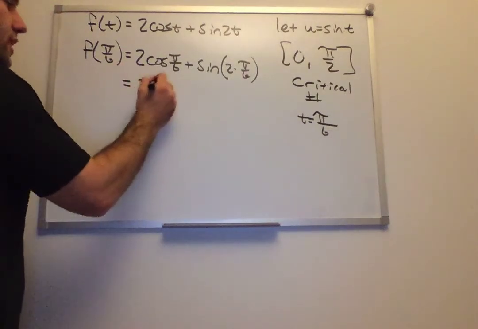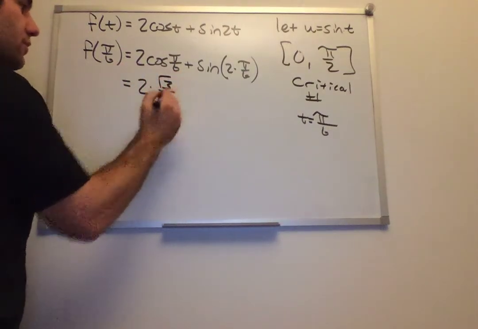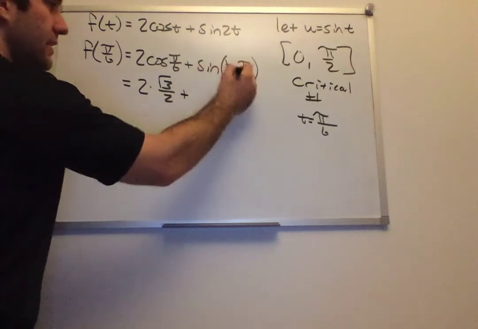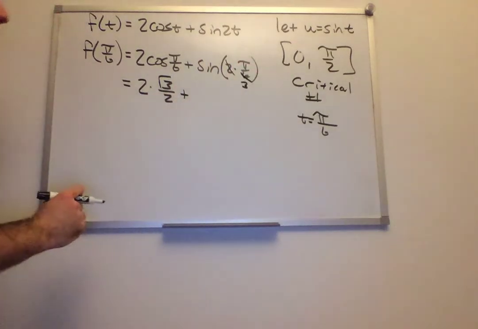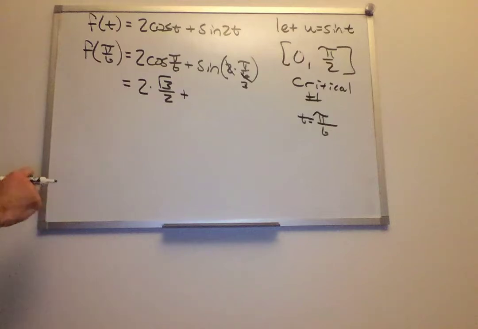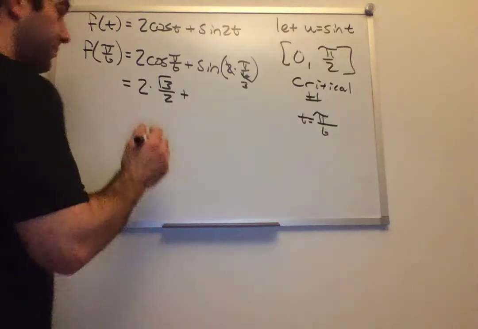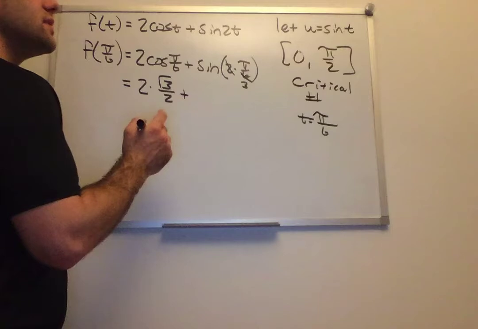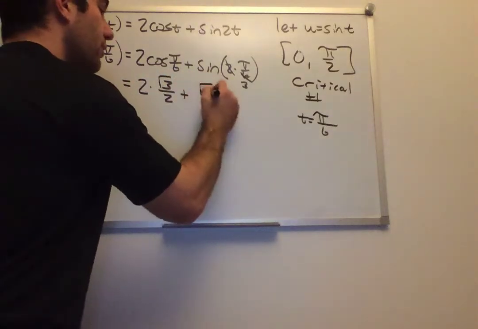Well, this is 2 times root 3 over 2 plus the sine of pi over 3. The y value of pi over 3 is also root 3 over 2.